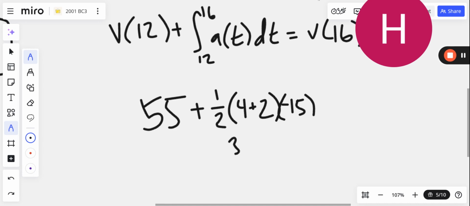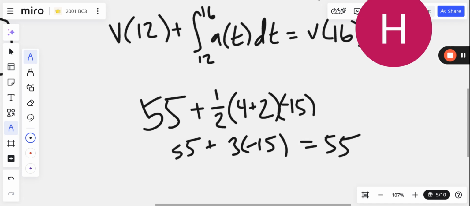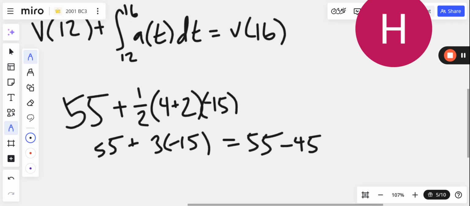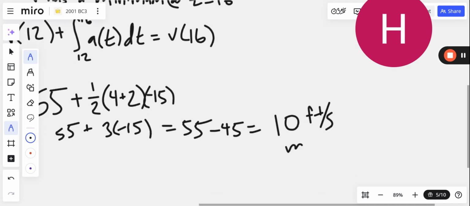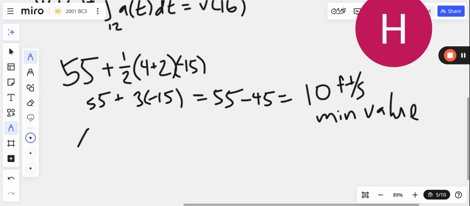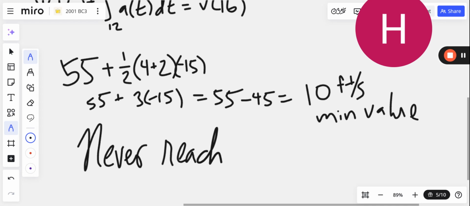It does get pretty close to 0, but not quite 0. We have 55 minus 45. So the lowest velocity that it has is 10 feet per second. That's the minimum value. So we can say that it never reaches 0.